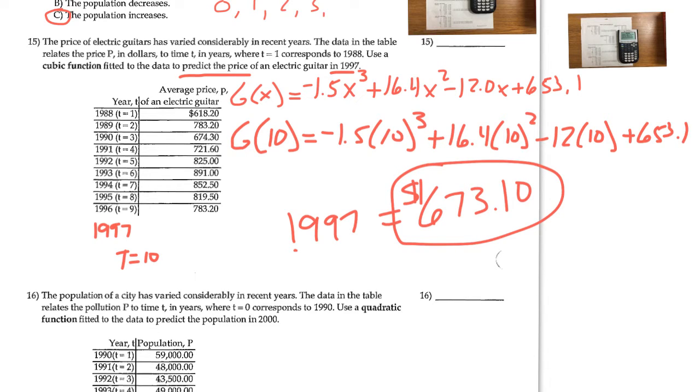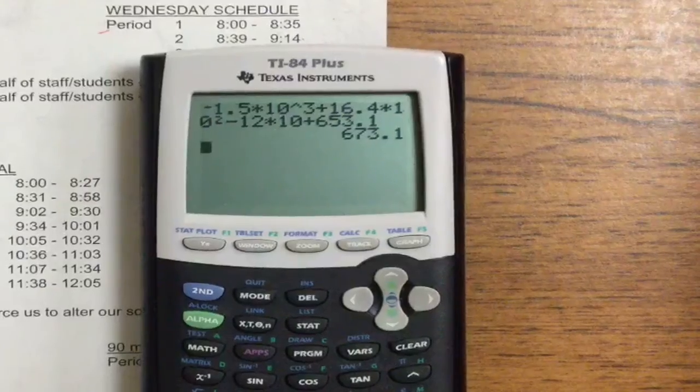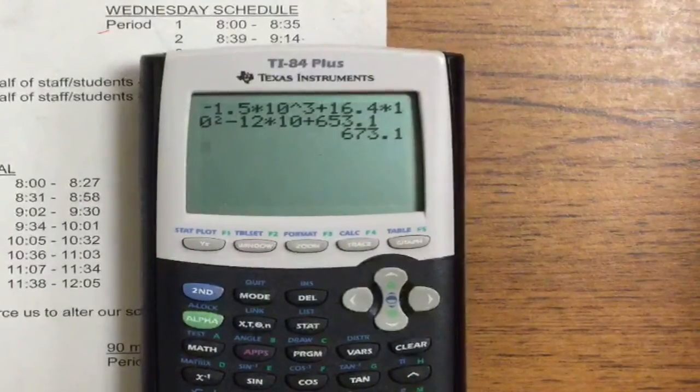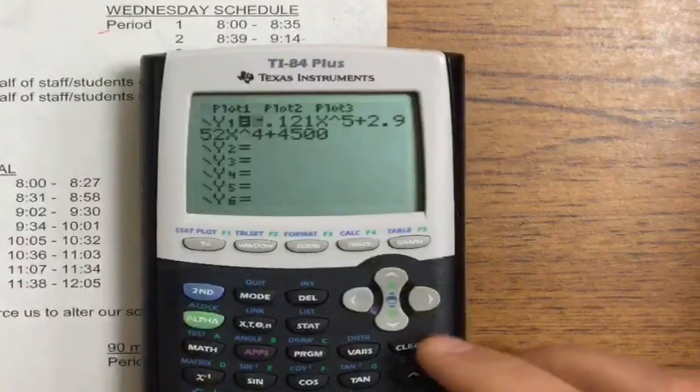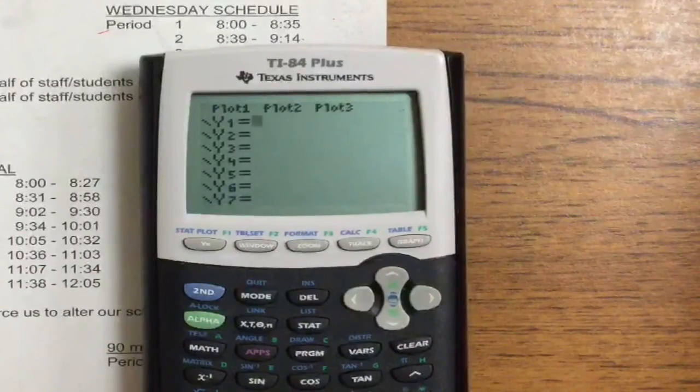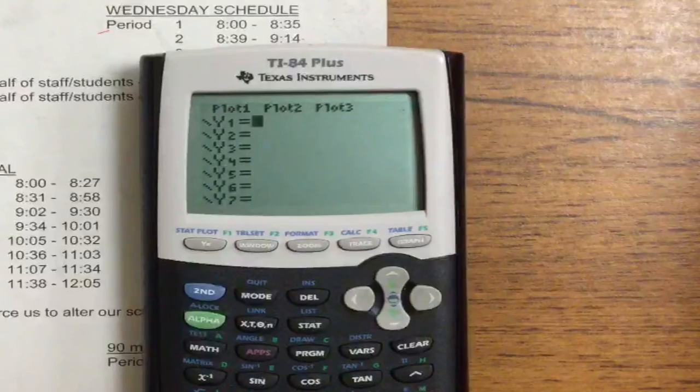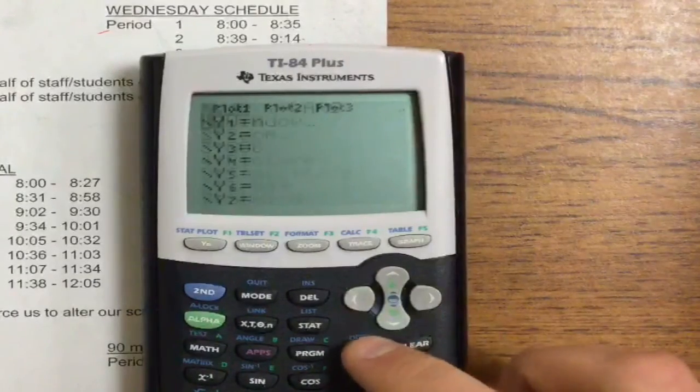Okay. I may show you quickly how we can do this with the calculator without doing all of this writing down business. While it's still on the calculator, it can be quicker. So if you don't like to transfer all that stuff back and forth to paper and into your calculator, there's really no reason you have to do that. We can go simply to y equals, clear out anything that was there, and if you've done the regression recently, you can then go to vars.